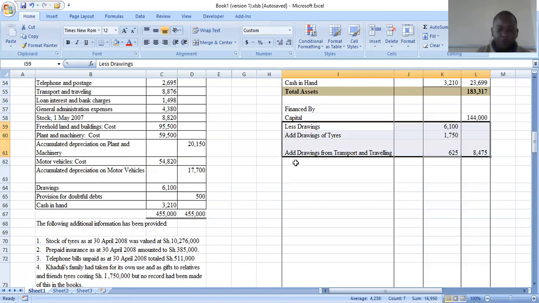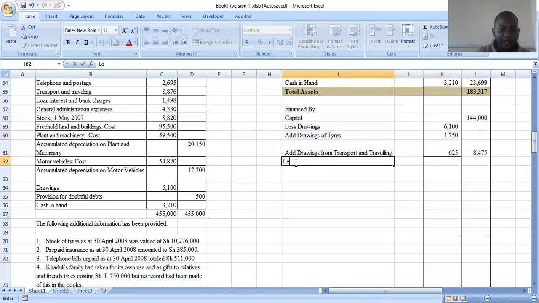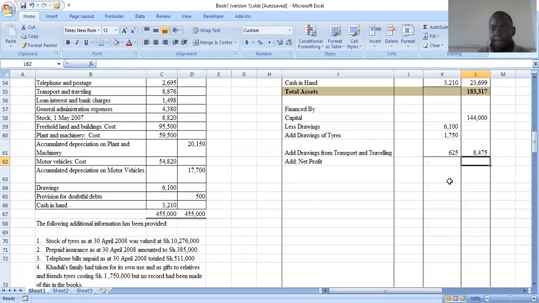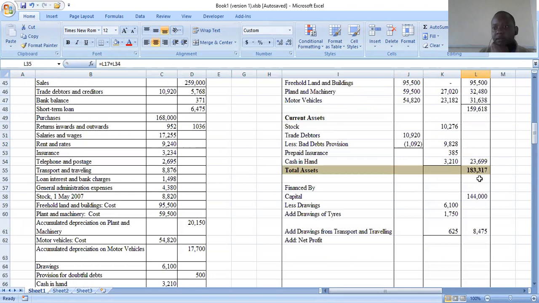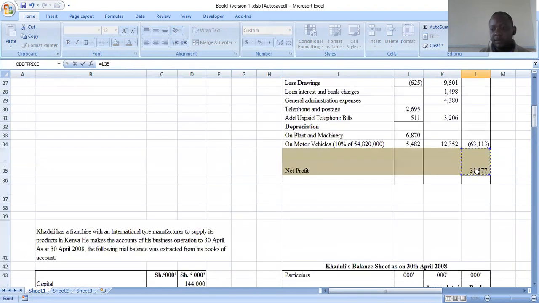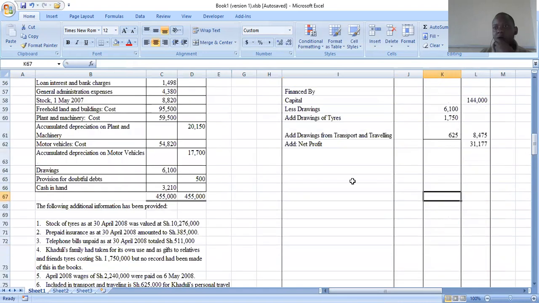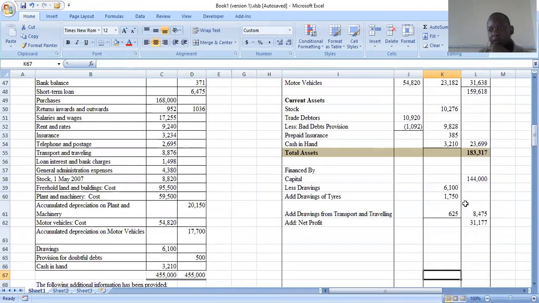Then we less net profit. Sorry, we add net profit. The net profit we found is 3177. We add. So this should give us the closing balance of capital, and it will be bigger.